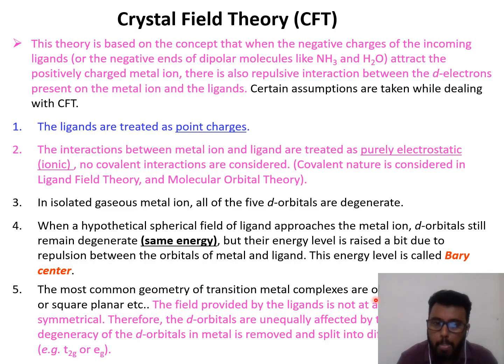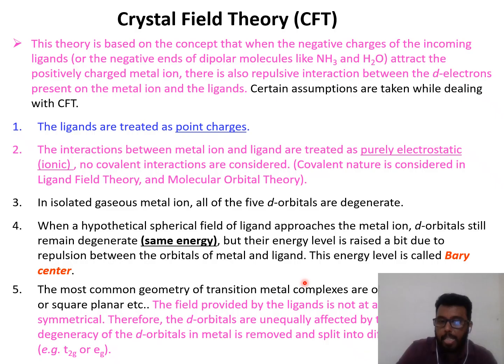The most common geometries of transition metal complexes are octahedral, tetrahedral, or square planar. The field provided by the ligands is not symmetrical, so the d orbitals are unequally affected by the ligand field.